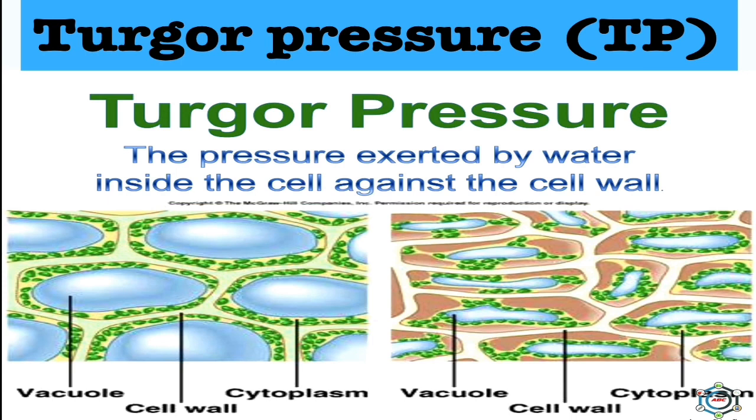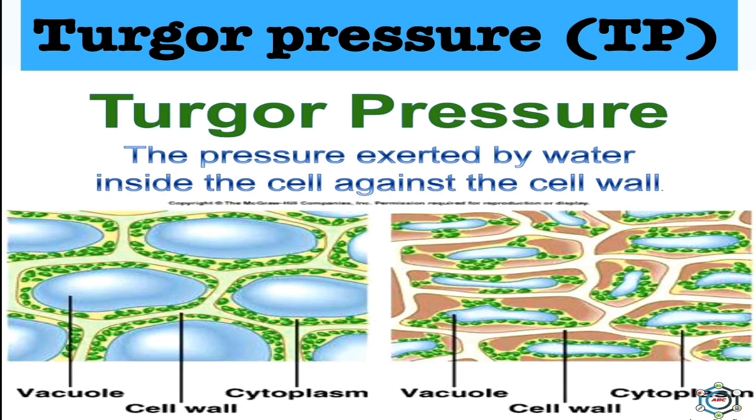Here you can see the pressure exerted by the water inside the cell against the cell wall, which is always less than osmotic pressure unless the cell is in distilled water. The cell wall is rigid and elastic, therefore, it exerts an equal and opposite pressure against the expanding protoplasm.